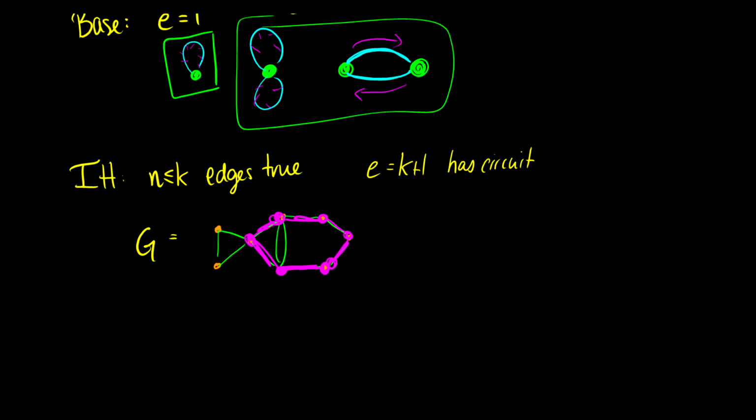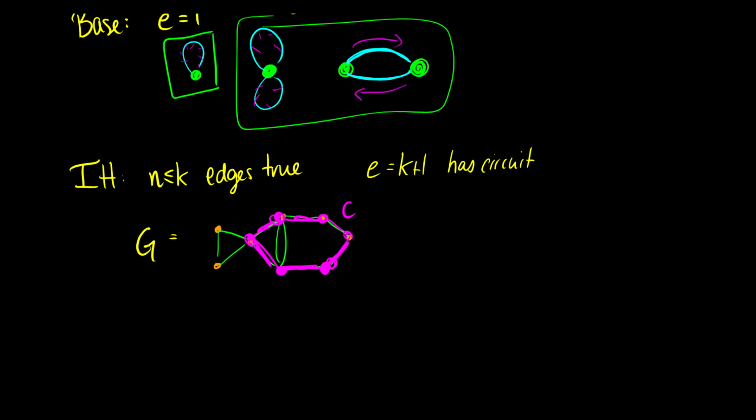So there we go. That's a circuit. We're going to call that circuit C. And since it's connected and each vertex degree is even, we know there is some circuit in there. Doesn't matter where the circuit is, doesn't matter how long it is, we're just going to have a circuit.